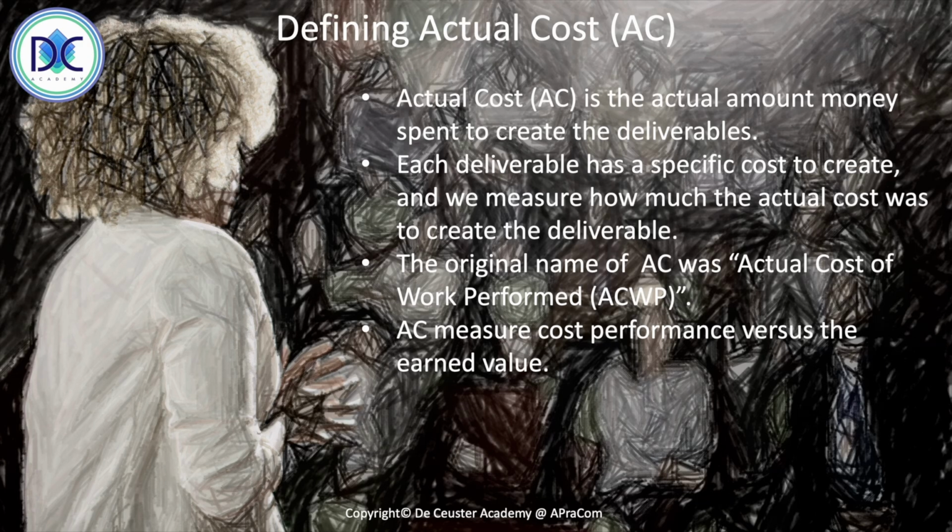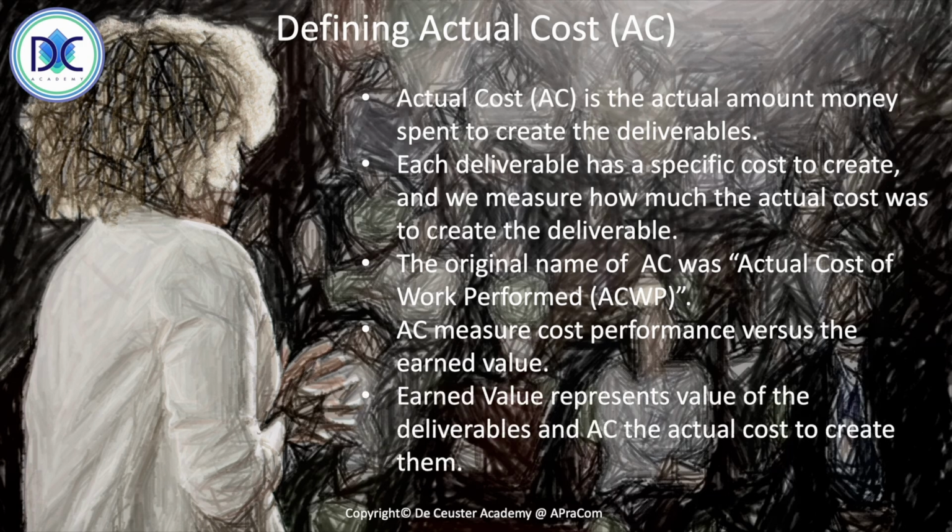So we want a good idea of our financial performance when we are creating deliverables. The earned value is basically the value of the deliverables. For example, we create a bicycle and the value for one bicycle will be 1,000 euro. But how much money did we actually spend to create that bicycle?